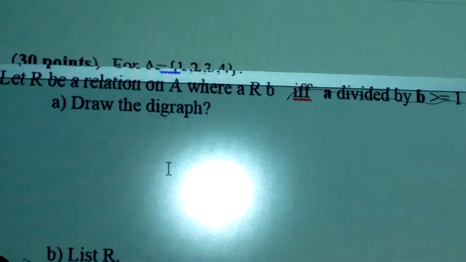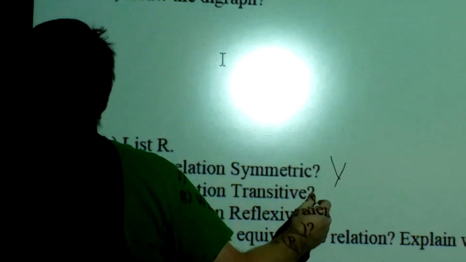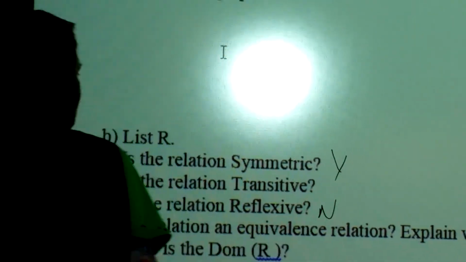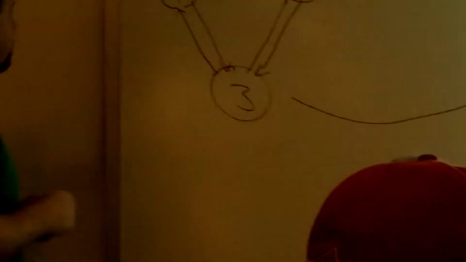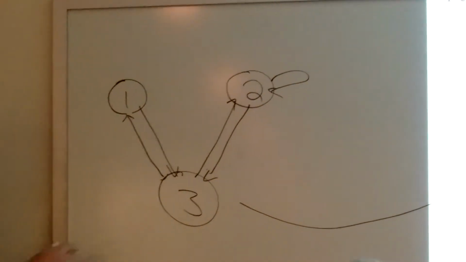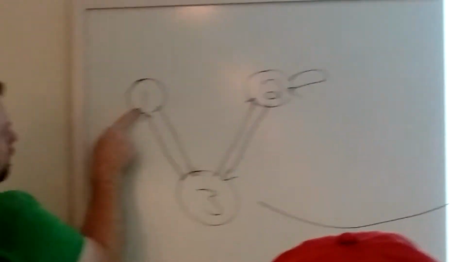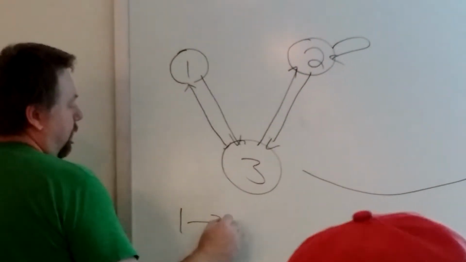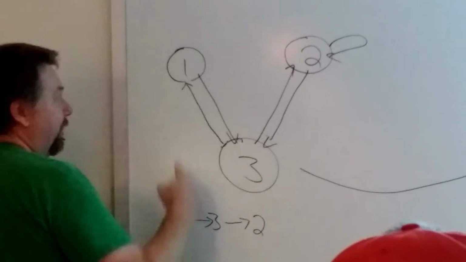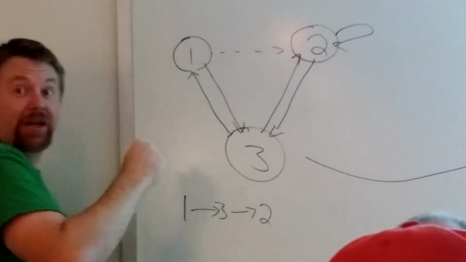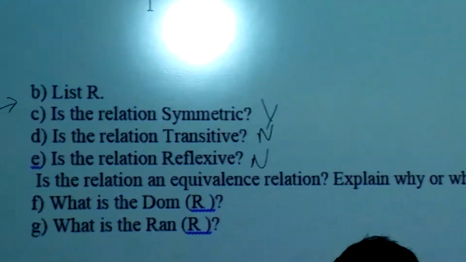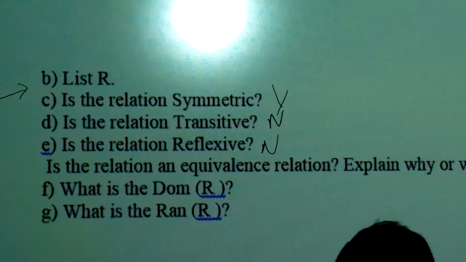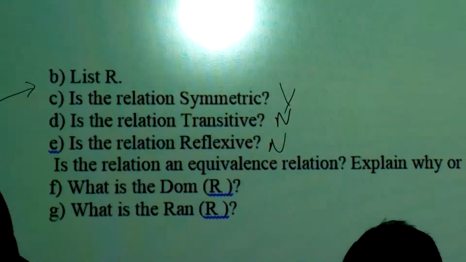So it is symmetric. It's not reflexive. Is it transitive? No. 1 points to 3, but 1 doesn't point to 2. So 3 points to 2, 1 doesn't point to 2. So the answer is no. So it's not an equivalence relation.